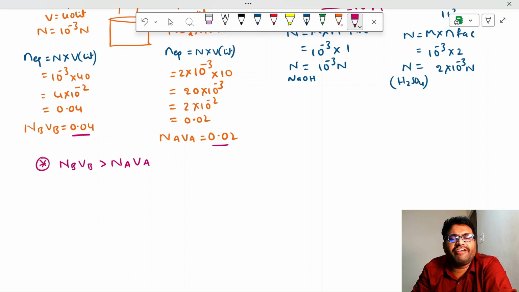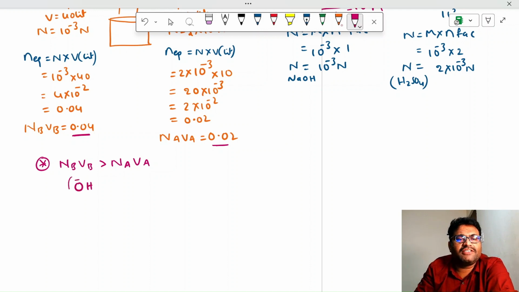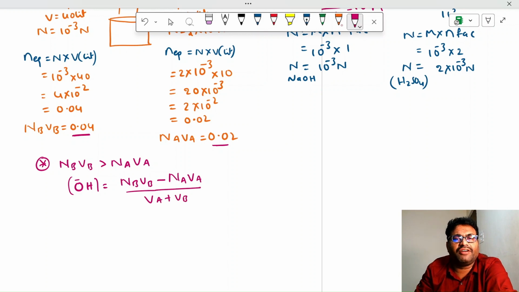Then we have studied a formula that when base number of equivalents is greater than acid number of equivalents, the OH minus ion concentration is equal to (NBVB minus NAVA) by (VA plus VB), when you are mixing this. This is the formula; we have derived it.